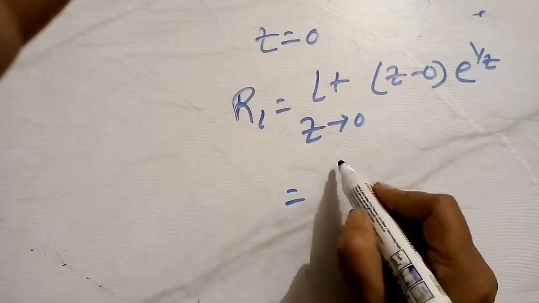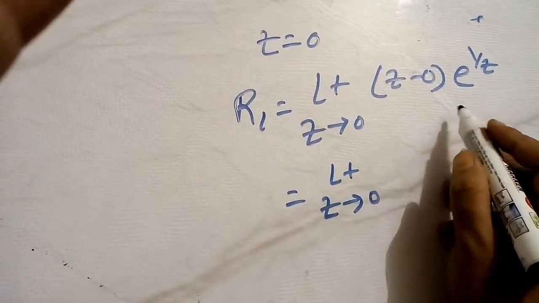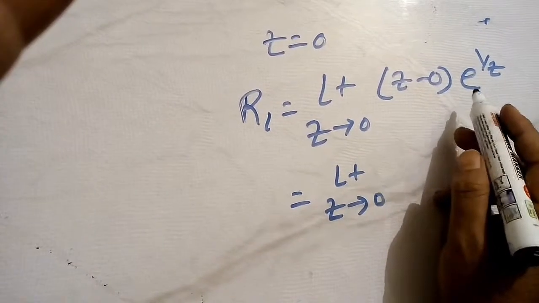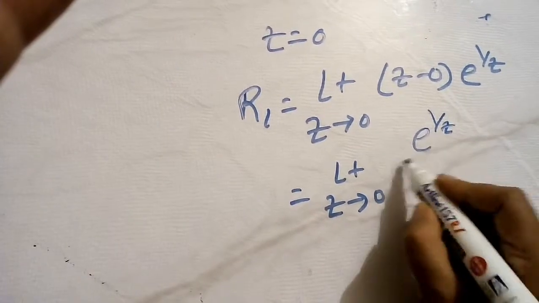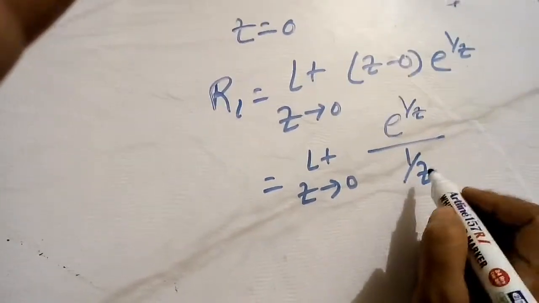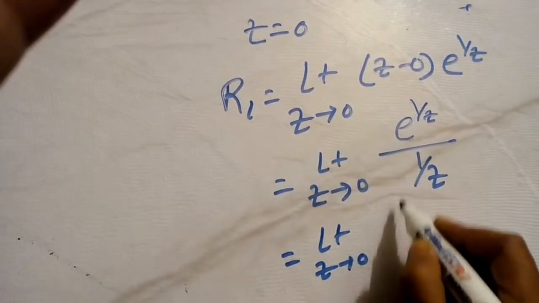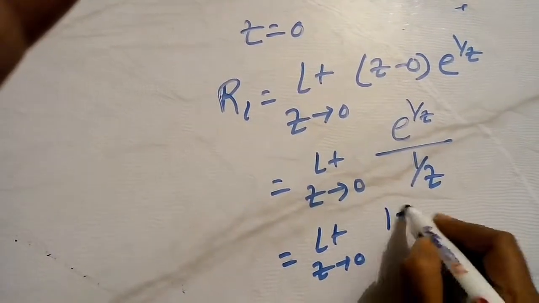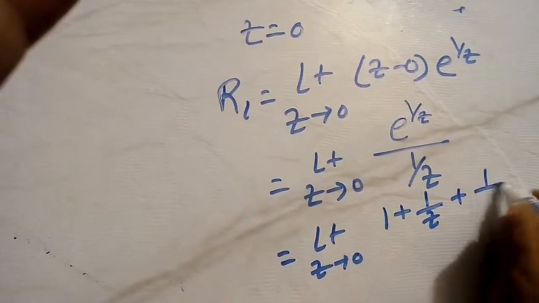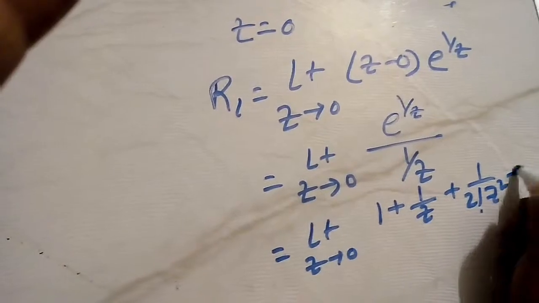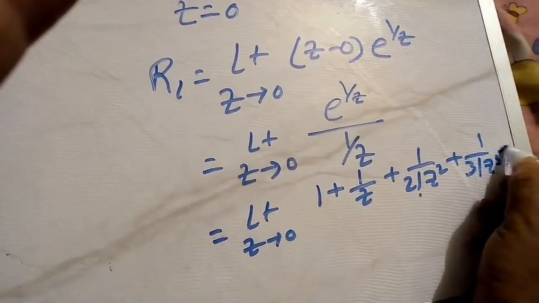Clear? So limit z tends to 0 of e to the power 1 by z divided by 1 by z. Clear? And if we expand the series, it is 1 plus z by 2 factorial plus z square by 3 factorial plus dot dot dot.